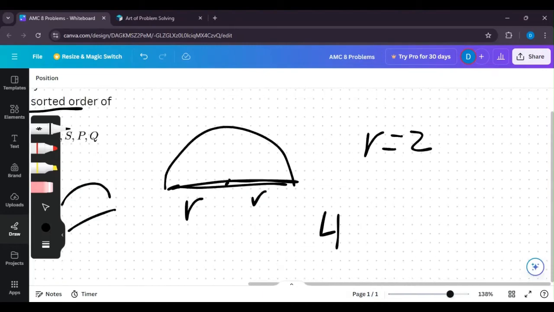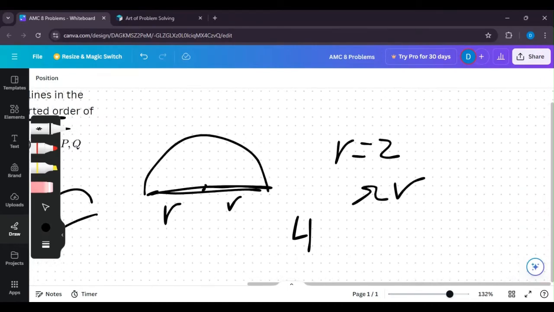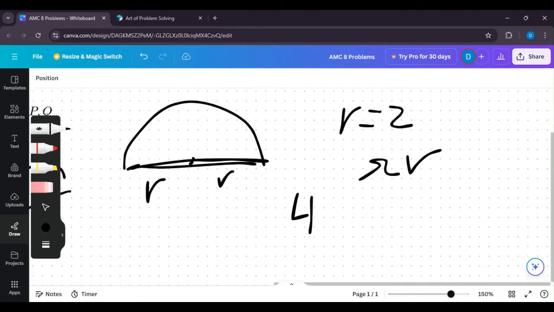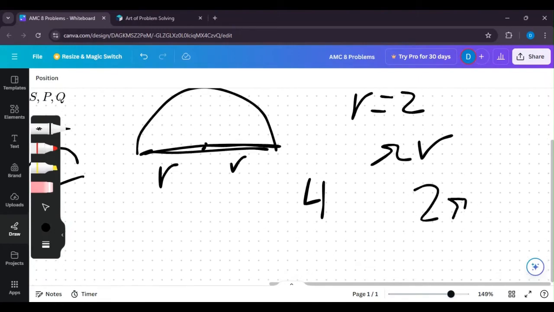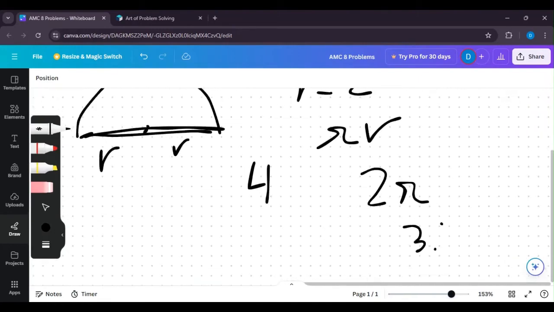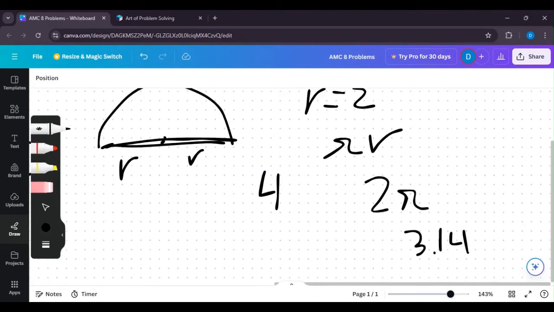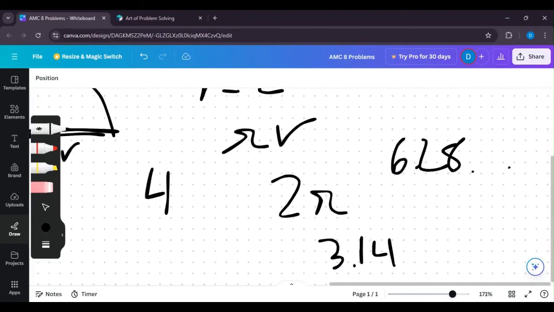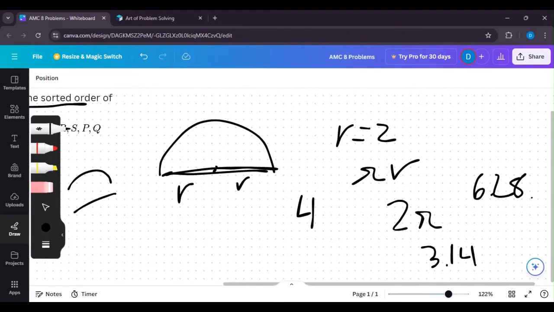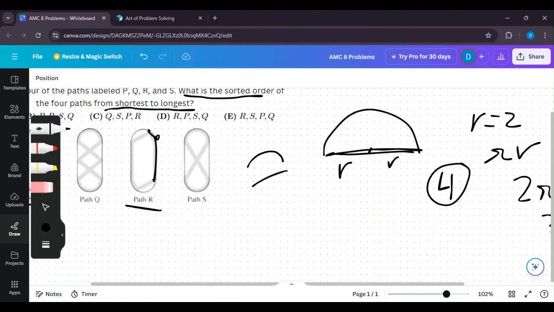And if we're trying to find the circumference, then we know that it's pi r, because it's half of a regular circle, which is 2 pi r. So we divide by 2, which is pi r. So if the radius is 2, then it's 2 pi. And how much is pi? 3.14. There's no competition, and 6.28 is obviously larger than 4, which is the straight line.